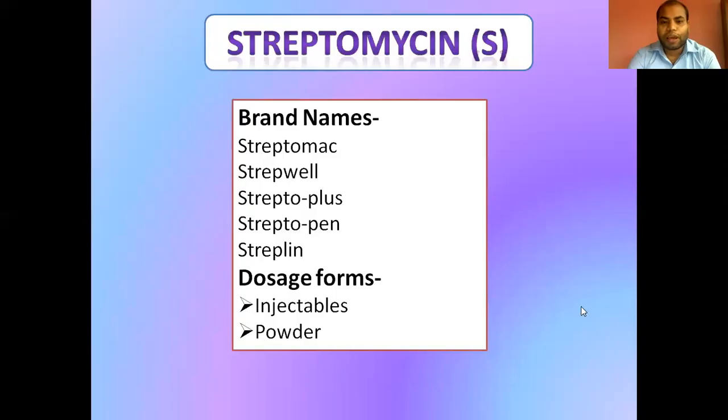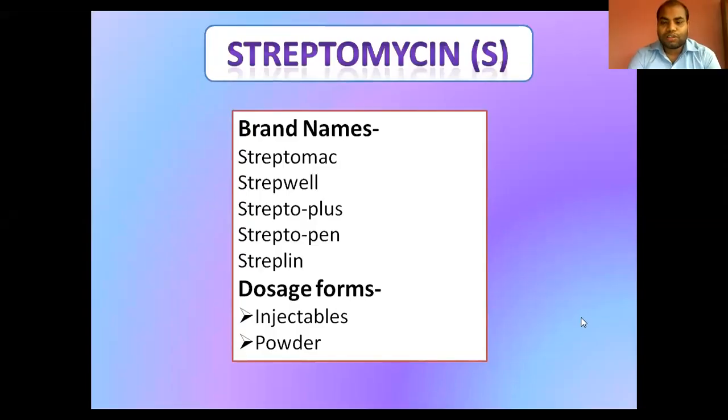So streptomycin is an antibiotic of the aminoglycoside class. Aminoglycosides are a class of antibiotics which generally kill bacteria by interfering with bacterial protein synthesis, by binding to the 30S ribosomal subunit.